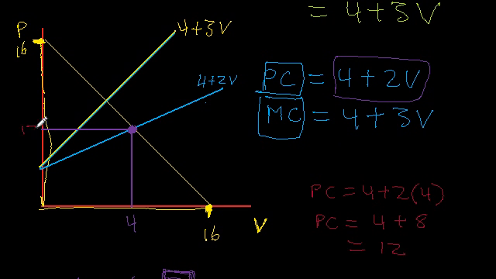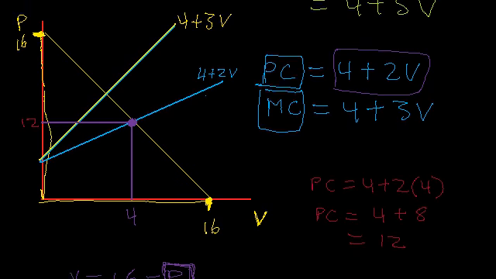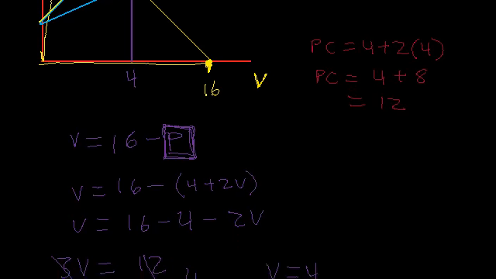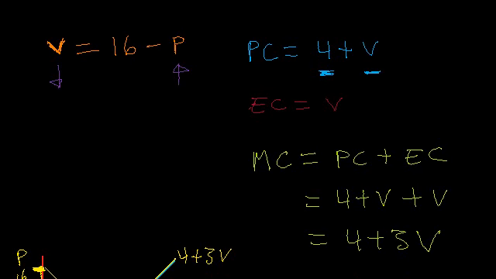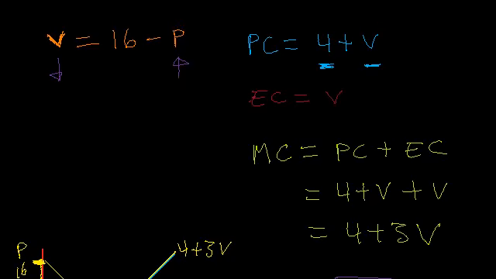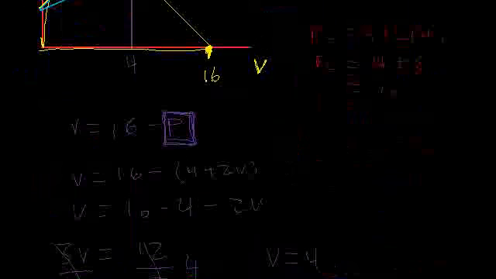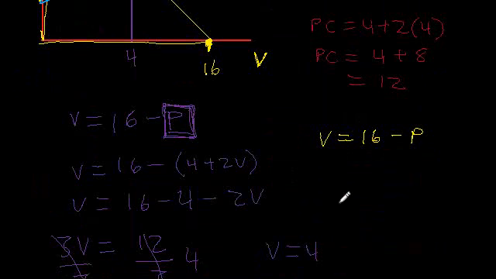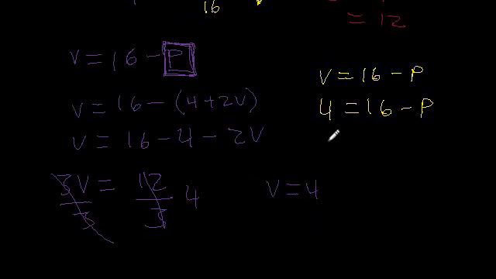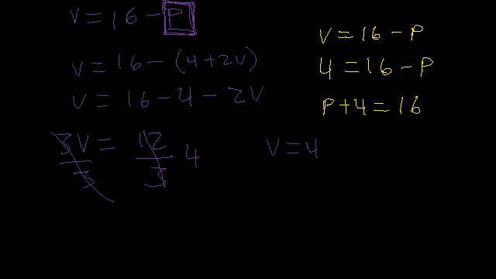So let's put that information in, and just to show you that it can be done another way, let's use the demand curve. So V equals 16 minus P, and we know that V is 4, so we'd write 4 equals 16 minus P. And I'll add P to both sides, so P plus 4 is equal to 16, and then I'll subtract 4 from both sides.